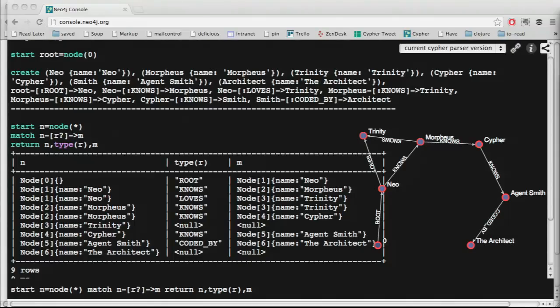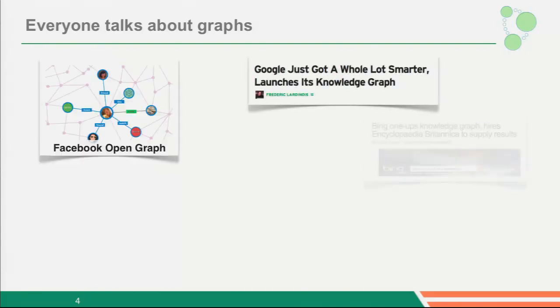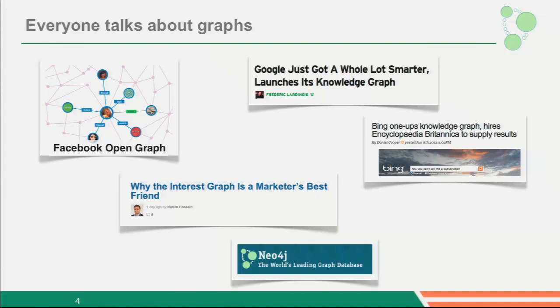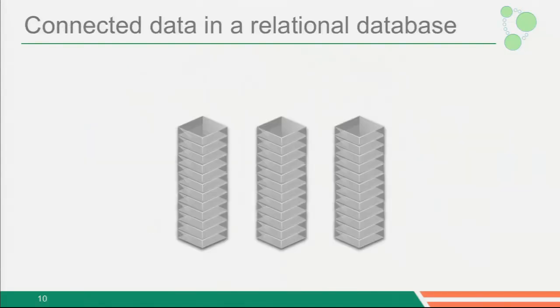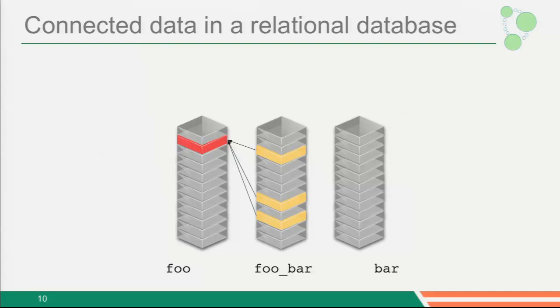So we have this foo bar join table, which joins elements from the foo table with the bar table. If we have an element over here of the foo type, we want to link it to elements of the bar type, we join using key value pairs in a join table, right?